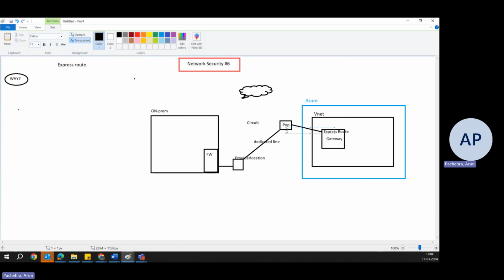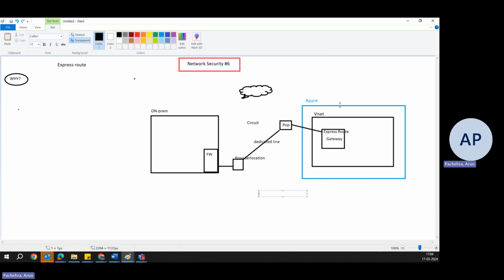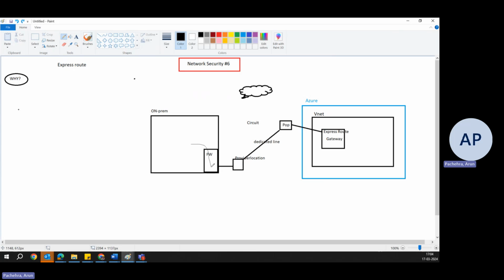PoP is Microsoft Edge, from where you can get inside the Microsoft backbone network, and finally your ExpressRoute gateway. So in a nutshell, at a high level, that's how it's connected. If you browse from on-premises, the traffic will go from here to this private location, then through the dedicated line to the PoP, and then to the gateway. That's how the traffic will move.